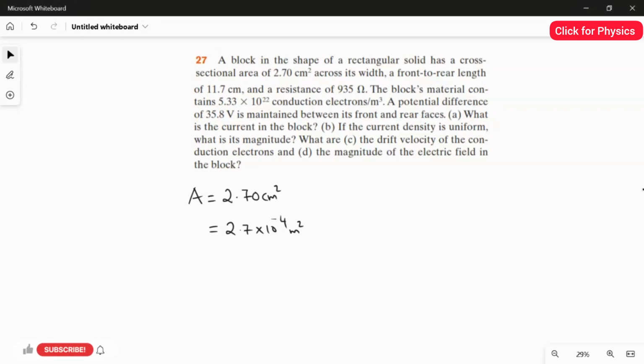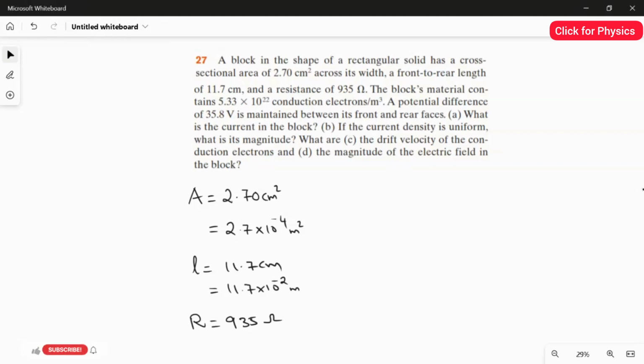And from the front side to the back side, its distance. So let's take that distance is the L value, which is 11.7 centimeter, and in terms of meter, this is 11.7 multiply 10 power minus 2 meter, and the resistance we have here is 935, because this is a conductor, for sure it has the resistance.